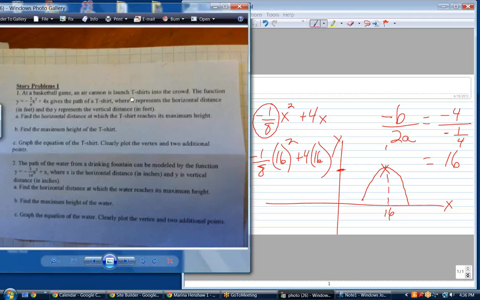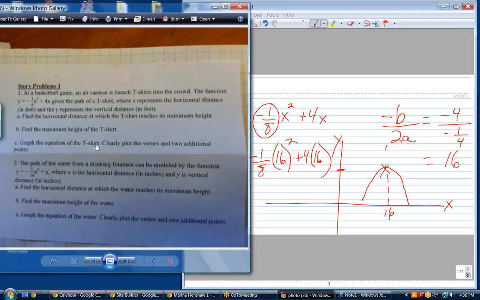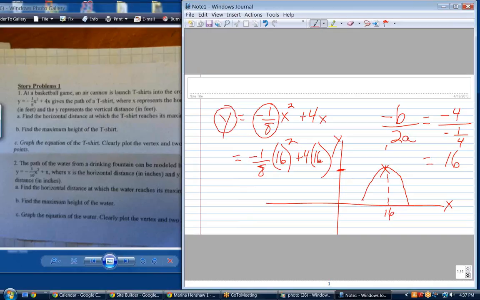Graph the equation of the t-shirt. Clearly plot the vertex and 2 additional points. Okay, well, we've kind of graphed it here. Let's see. I guess we do need to know a number. 16 squared is 256, divided by 8 is 32.